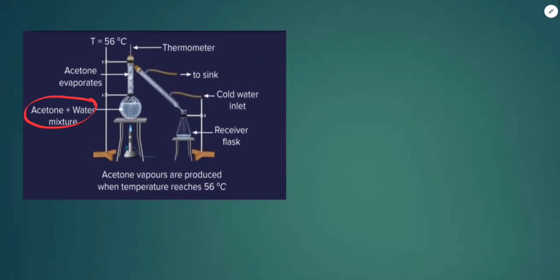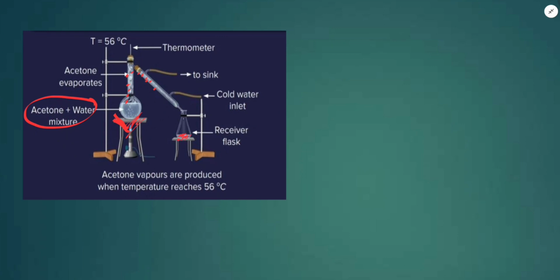The temperature rises gradually. Since the boiling point of acetone is less than that of water, the vapors are passed through the condenser and condensed to give the pure liquid.